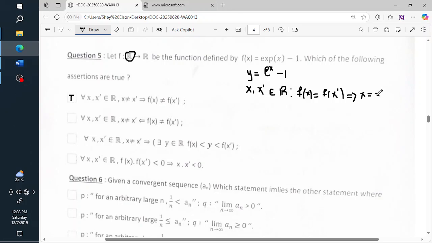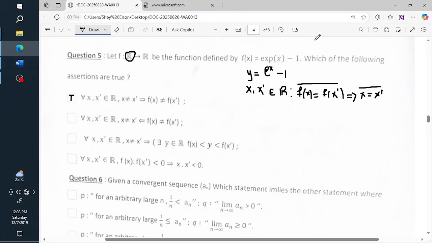Now this is a conditional statement, and you have to note that the contrapositive of a conditional statement is the same as the statement. What we do for the contrapositive is negate the hypothesis, negate the conclusion, and interchange their positions.